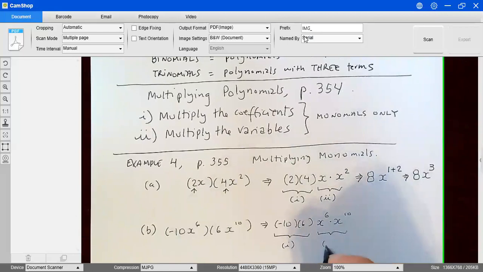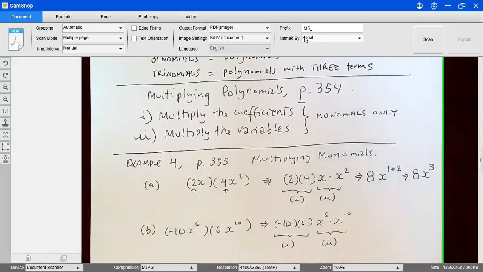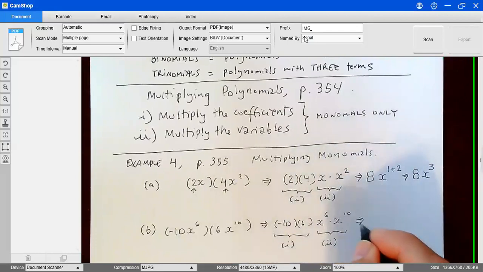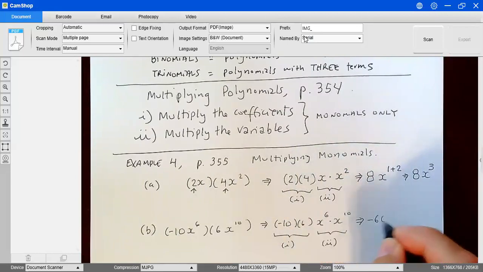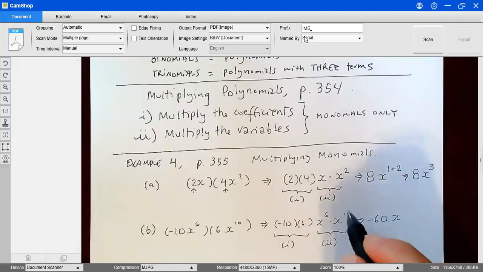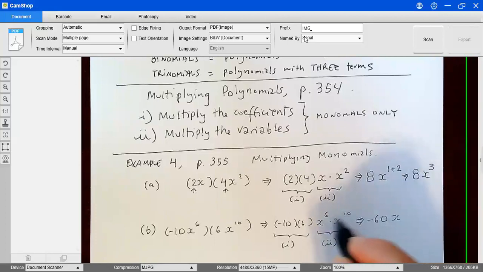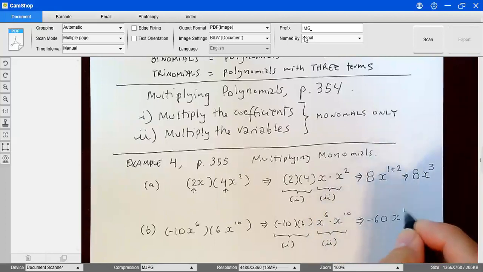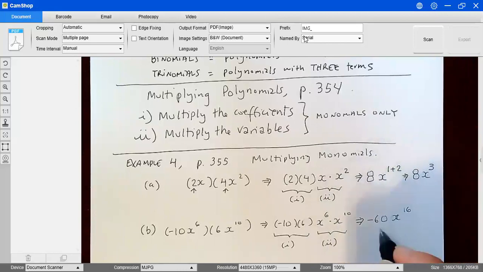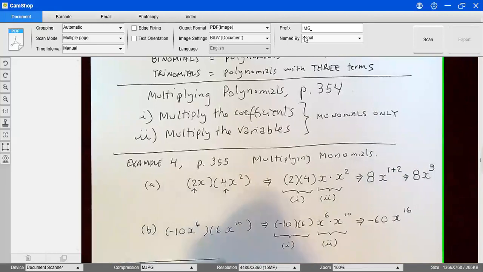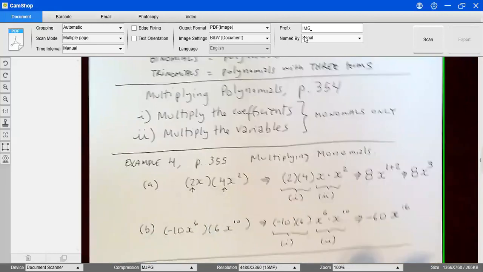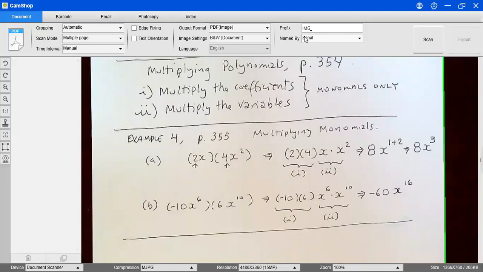This is the second step. And then we simplify. So this is going to be negative 60. And then you're going to have x to the, and you add the exponents. 6 and 10 is 16. So that's the answer.